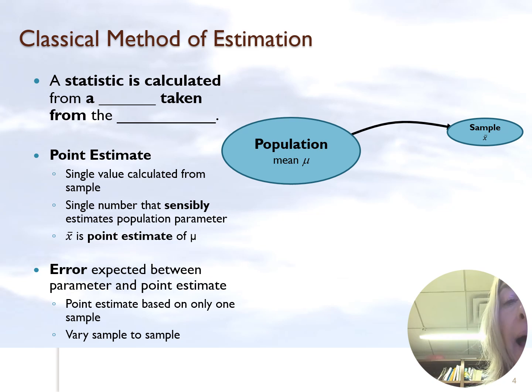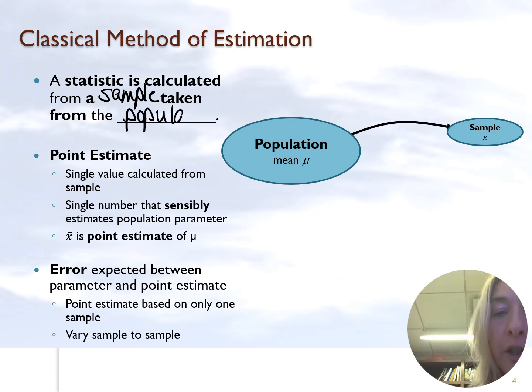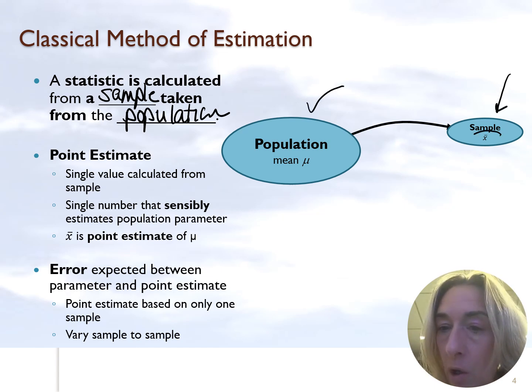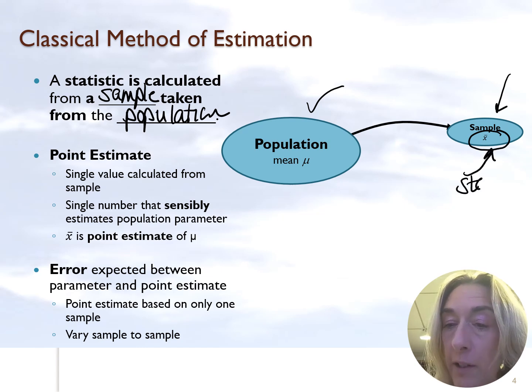In the classical method, a statistic is calculated from a sample, which is taken from the population, just as the picture on the right shows. Here is a sample taken from the population. We calculate the statistic X bar. X bar is a statistic.